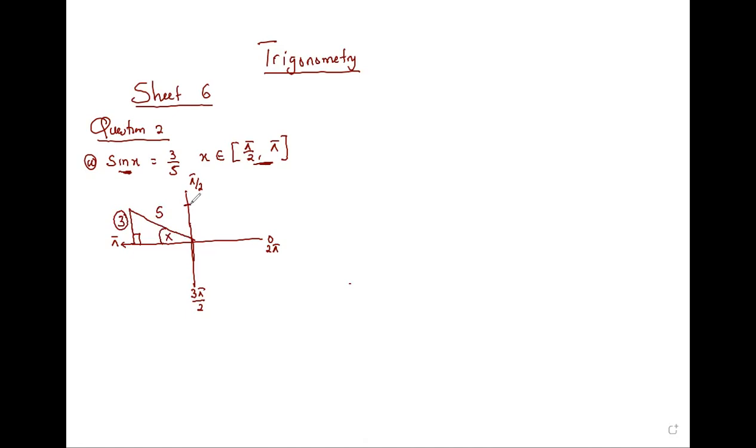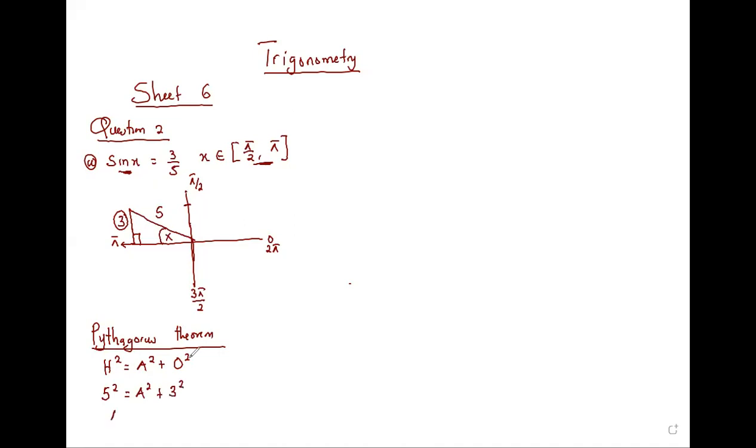Now you need to find the missing side. How do you find the missing side? You use the what? Use the Pythagoras theorem. Okay, which says hypotenuse squared is equal to adjacent squared plus opposite squared. So hypotenuse is 5, adjacent we don't know, plus opposite is 3.